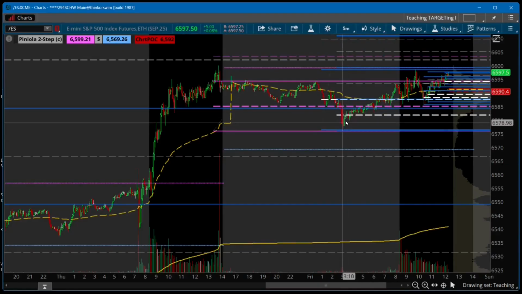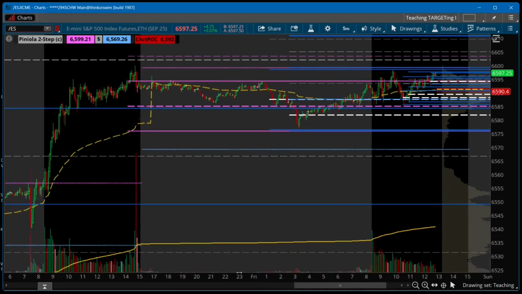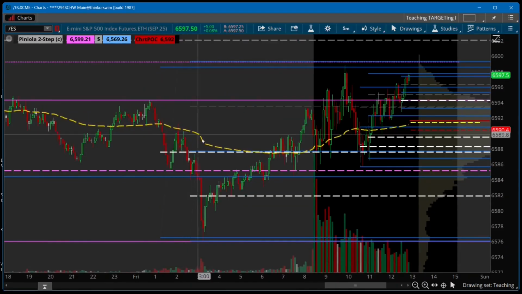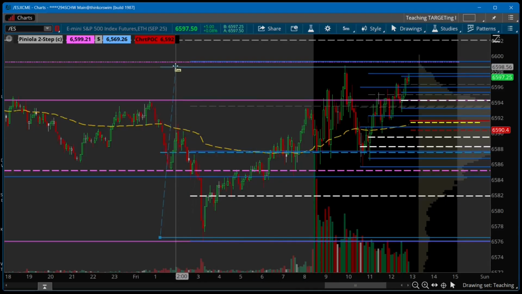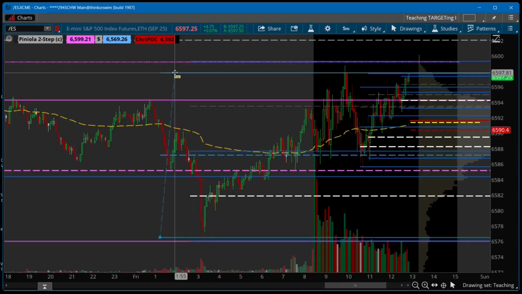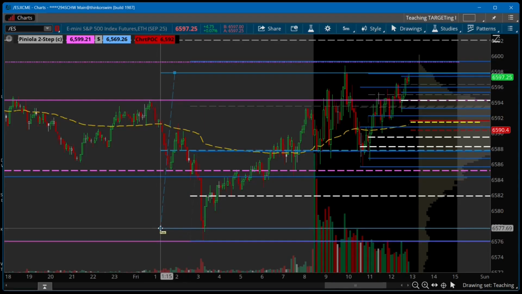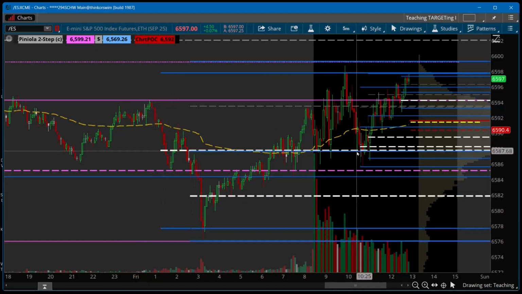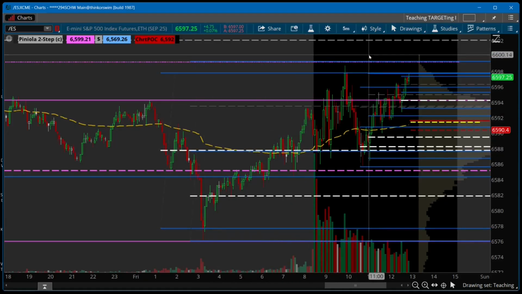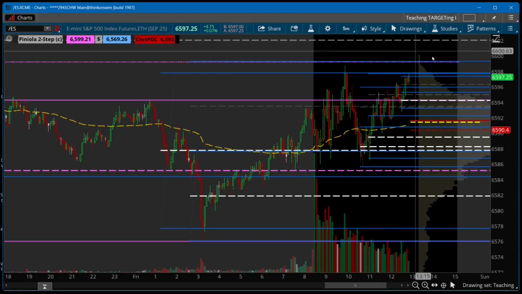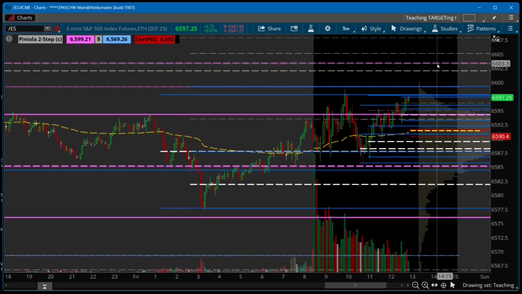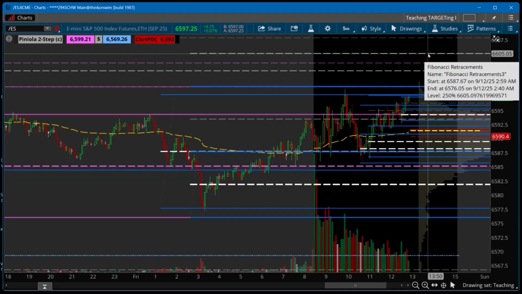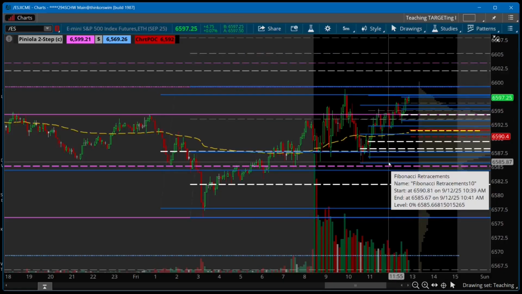Okay, so if I took this whole move from here to here, should be here and here, what we got is a 0.5 in this area, which means that we have a target of 1.5 right here, 6605.